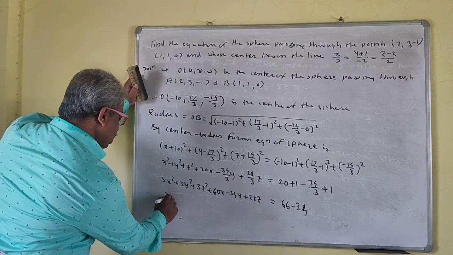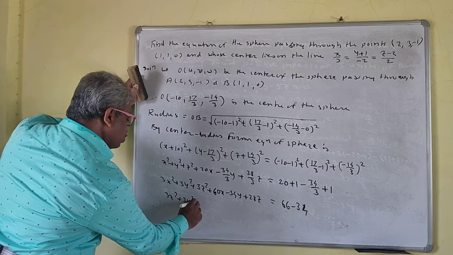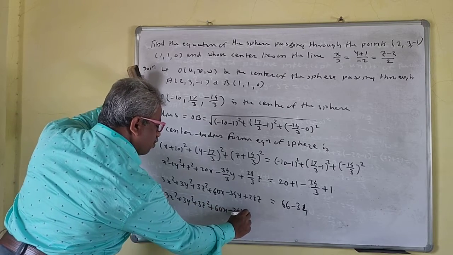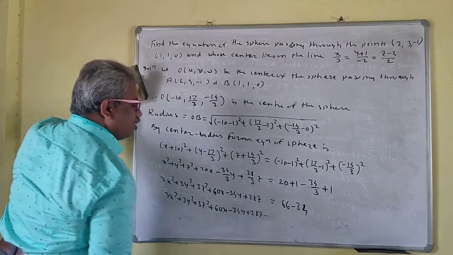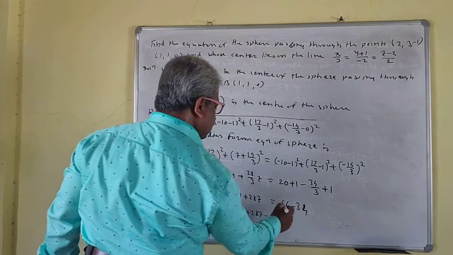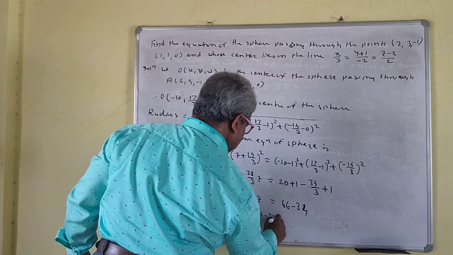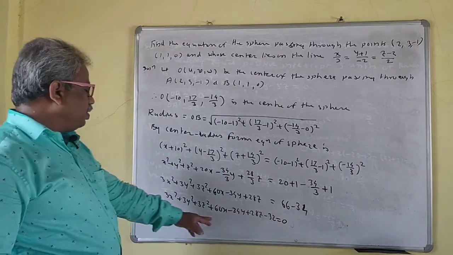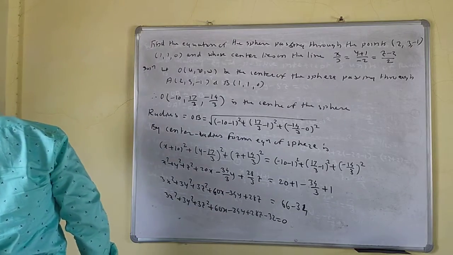So this is 3x square plus 3y square plus 3z square plus 60x minus 34y plus 28z minus 32 is equal to 0. So this is the required equation of the sphere.